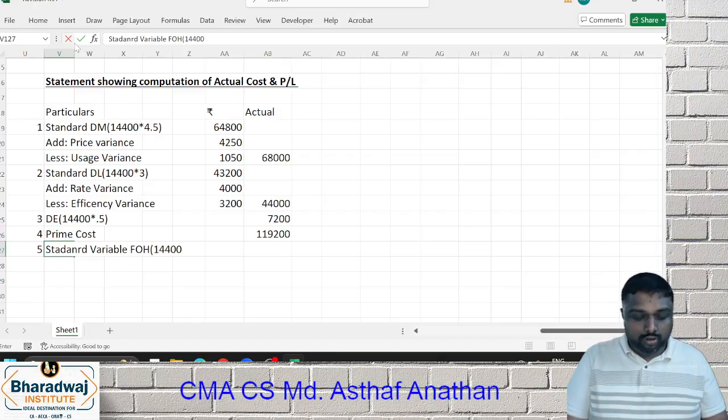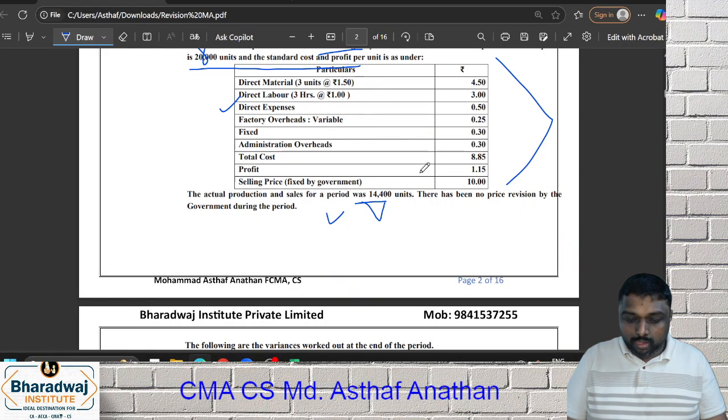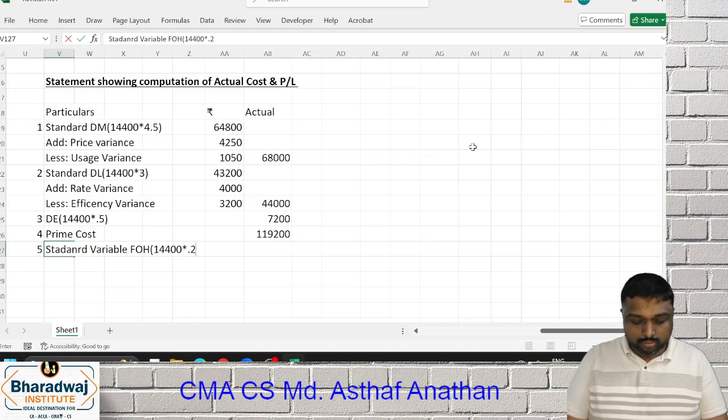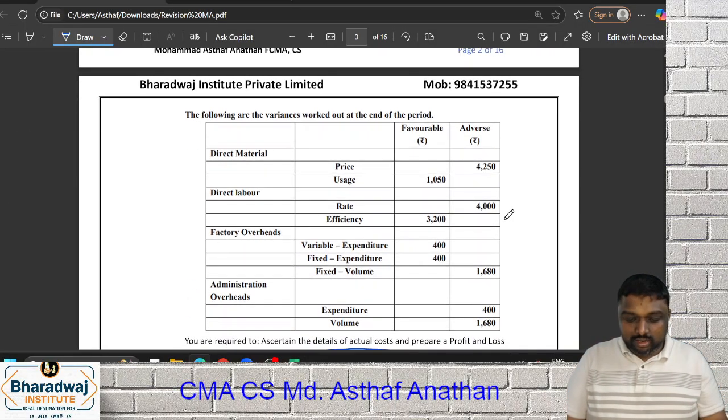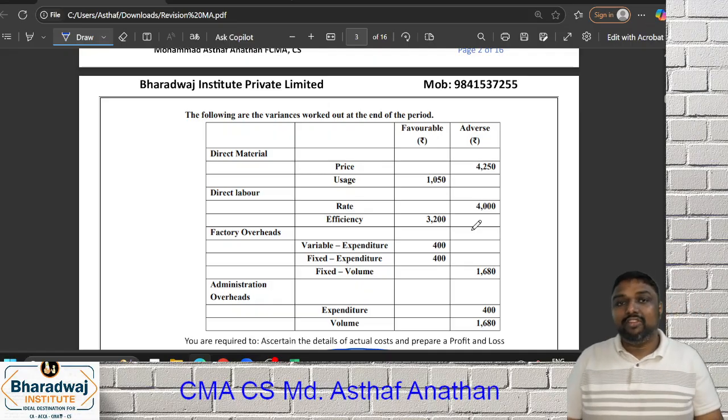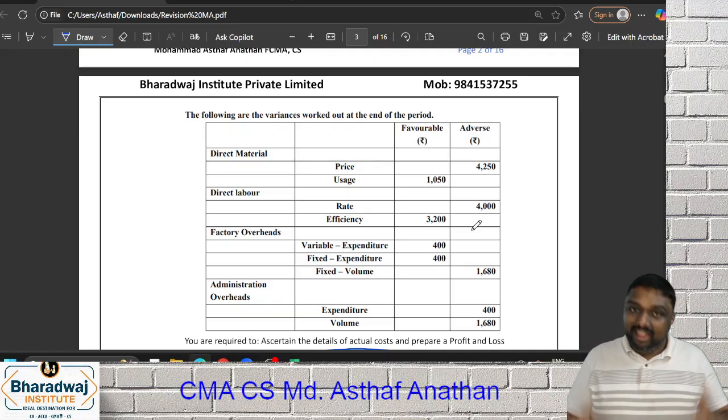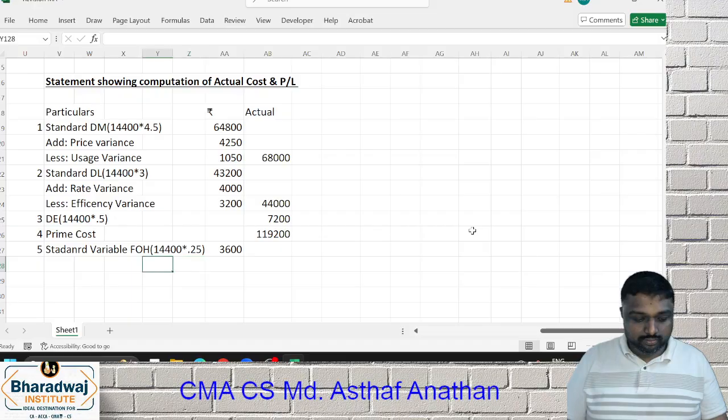What will come? 14,400 into, for each unit what will come? 0.25. Correct? So what will come? 3,600. What is it, adverse? It is favorable. So favorable, what do you have to do, friends? Favorable, do we have to add or less? Less. So you have to less.